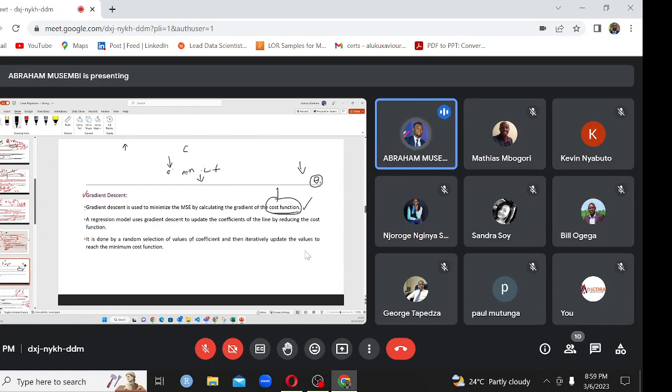If we get the minimum cost function, then it means our constants, this is the first constant and this is the second constant, meaning these coefficients will be at their optimal point. If these have the optimal value, then we'll have a good, or best fit, regression line.